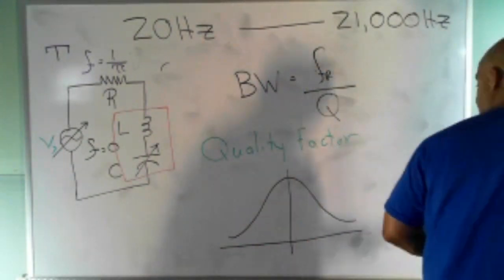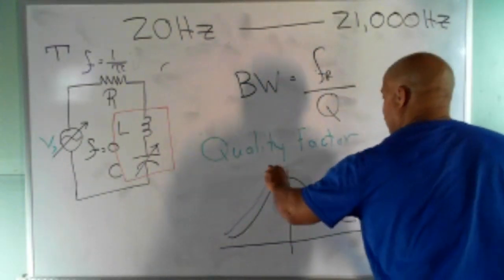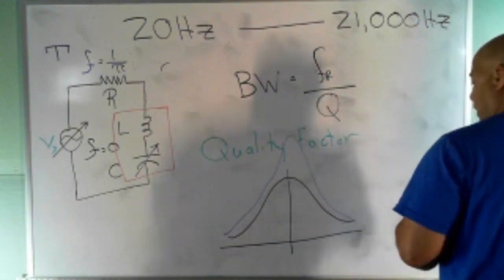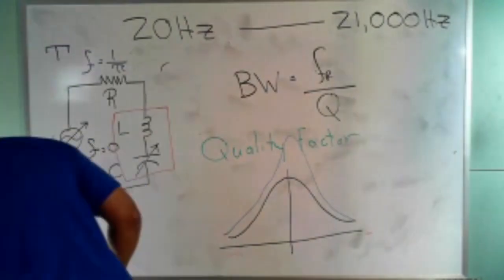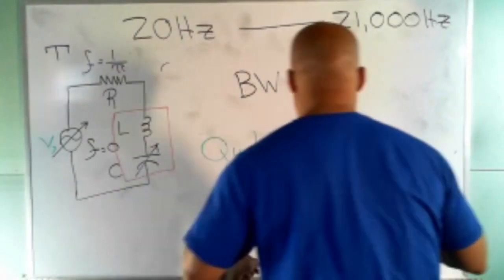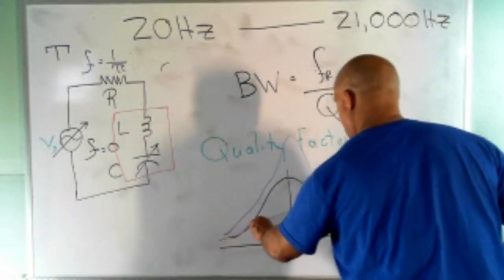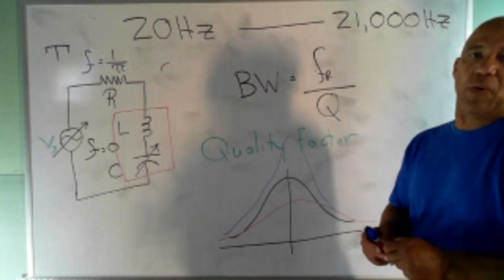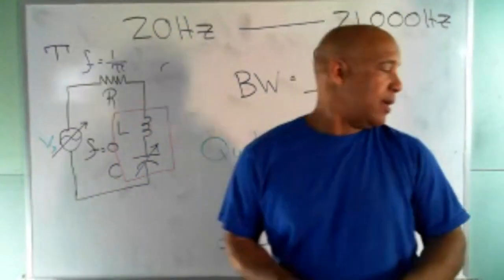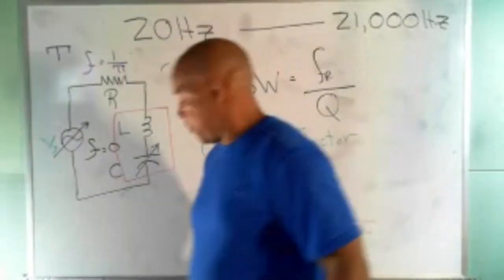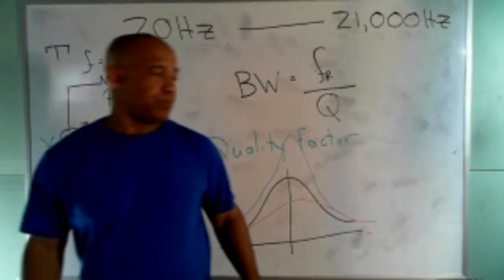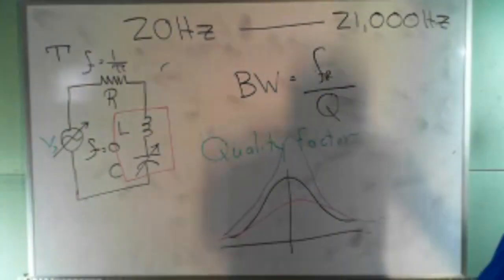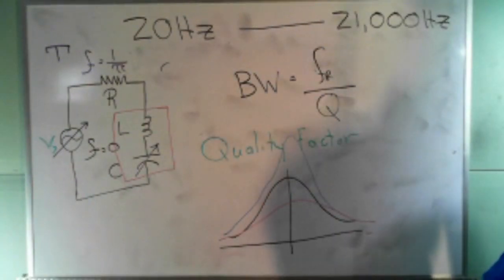Well, let me try to do it like this. And they have one something like this. Now, I don't think I'm doing it justice. That's why I want you to look at the graph. If you have it on your screen, bring it up. And let's talk about the graph.